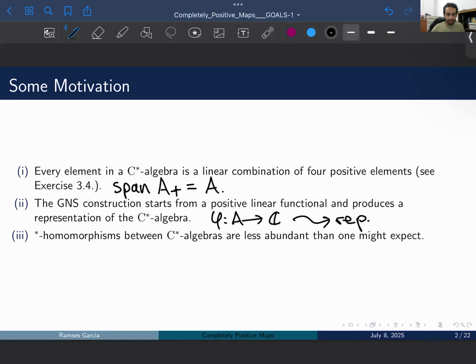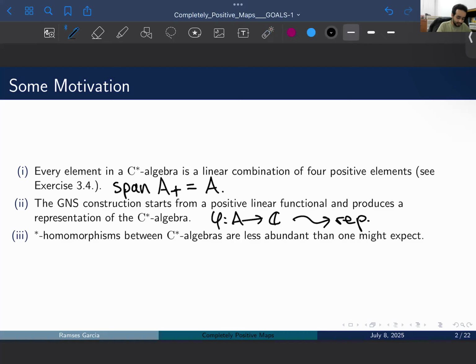The last thing I would like to mention about positivity is that when we are working with C*-algebras, a natural map to consider between them is star homomorphisms. The problem with star homomorphisms is that there are not that many. Having a star homomorphism between C*-algebras is kind of rigid.